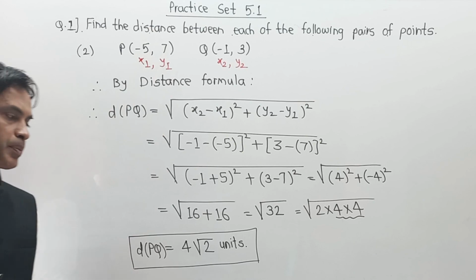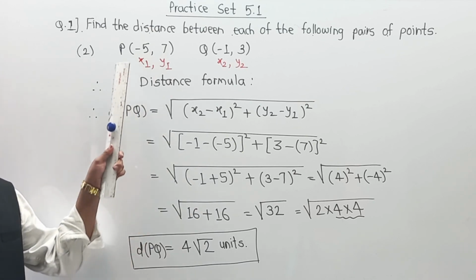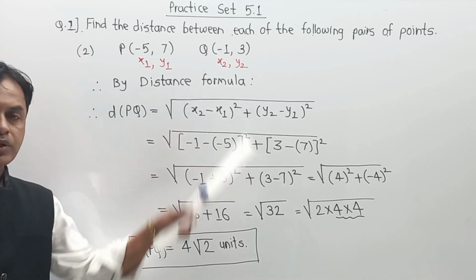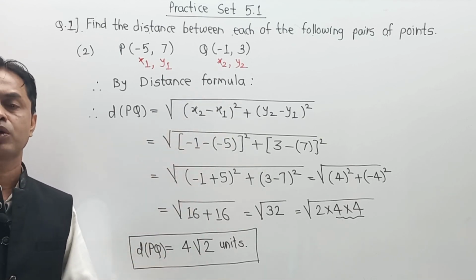And in this way we can simply solve the numericals, and this is nothing but the distance between the points P and Q, that is 4 root 2 units. And student, the next consistency numerical we are going to solve by the same method.